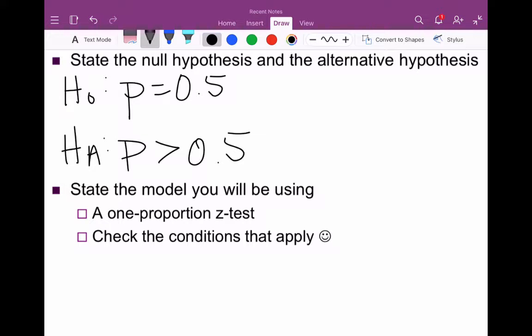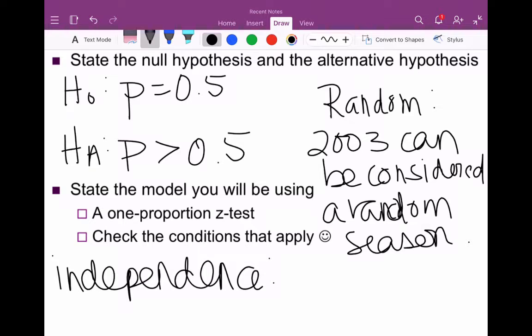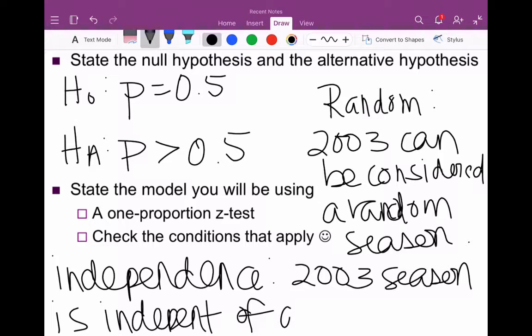So I'm going to start with random, and in this particular case, because it's an entire season, we can say that 2003 can be considered a random season out of all of the seasons that they would play. Then when we check the plausible independence and the 10% condition, in a sense I'm going to do this one together because we don't have 10% of the season, we have the whole season, and that's okay. So for the independence, we can say that the 2003 season is independent of all seasons.